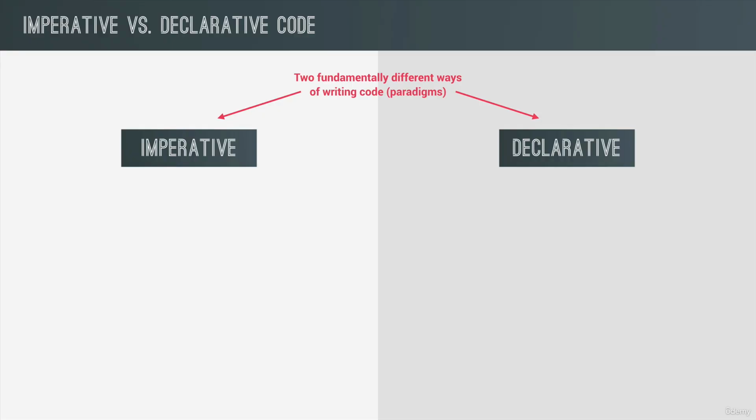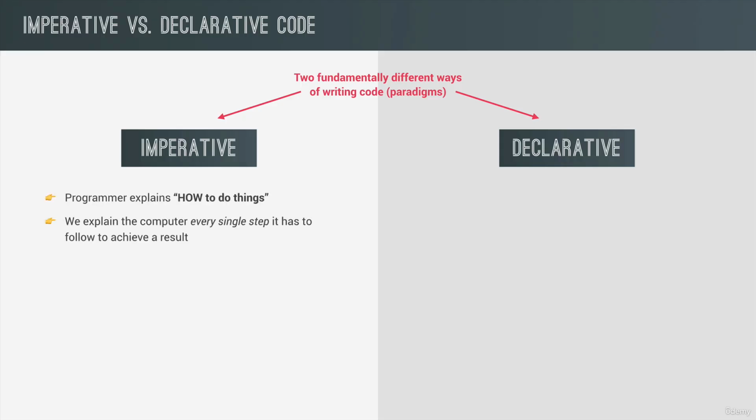Now, whenever we write imperative code, we basically need to explain to the computer how to do a certain thing. So basically, we need to explain every single step that the computer needs to follow in order to achieve a certain result. But this might sound a little bit abstract, so let's try a more real-world example.